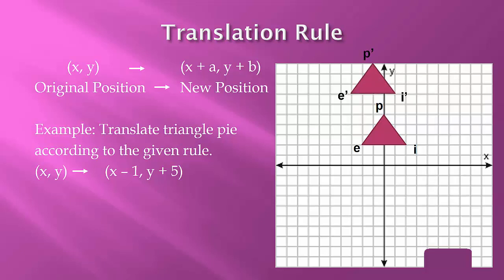And so we're going to end up with a shape that has shifted in position, and P prime, I prime, E prime will look just like this on the coordinate plane.